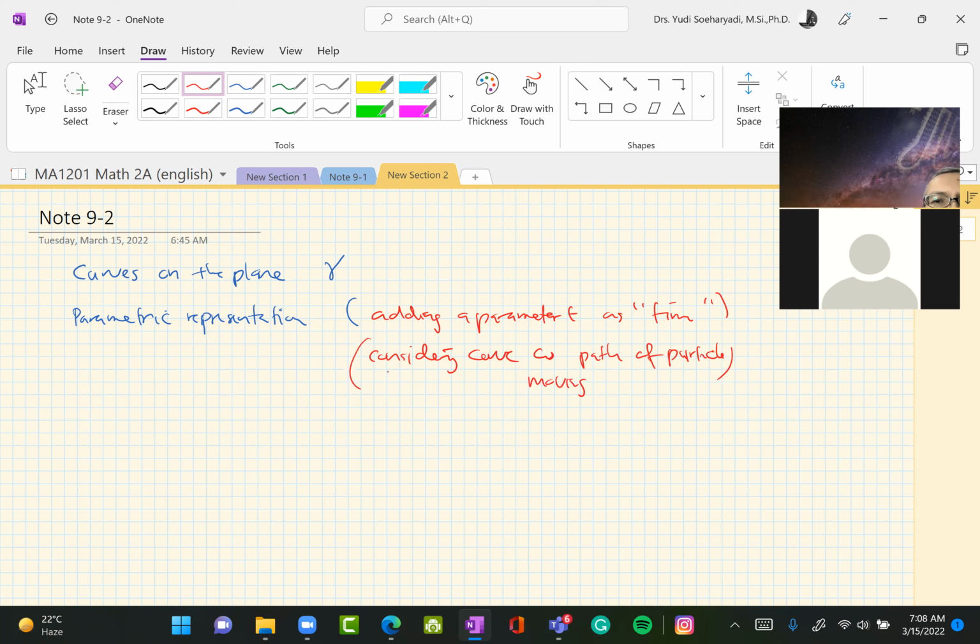Okay. So when you think of a curve as a path moving, then it is basically a motion. And as a motion, you have mechanics. You have positions, you have velocity, you have accelerations.